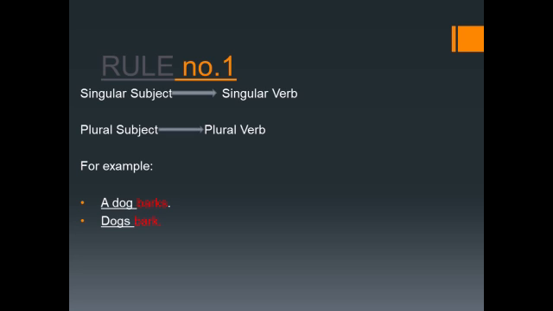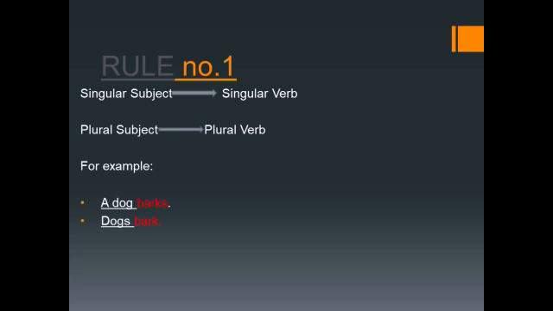Rule number 1 says a singular subject takes a singular verb and a plural subject takes a plural verb. For example, a dog barks. Here, dog is a singular subject and barks is also a singular verb.